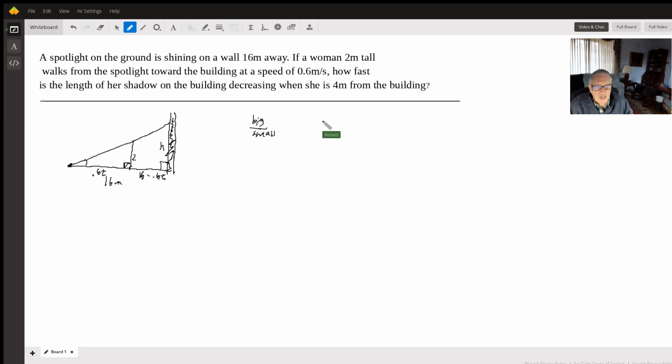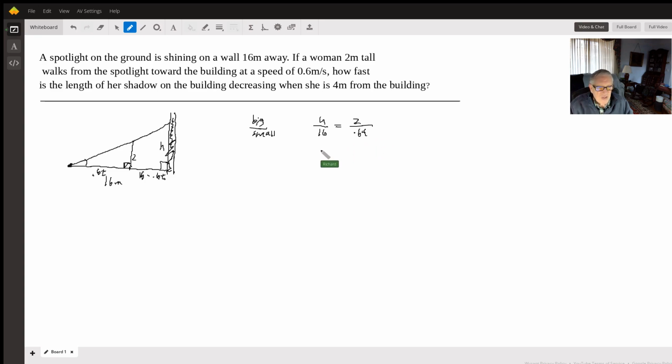The big triangle is h, that would be the height, and this total length is 16. Looking at the small right triangle, h corresponds to 2, and the base here is going to be 0.6t. You can see that pretty readily, I think.